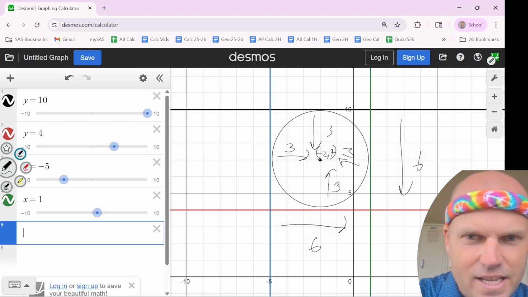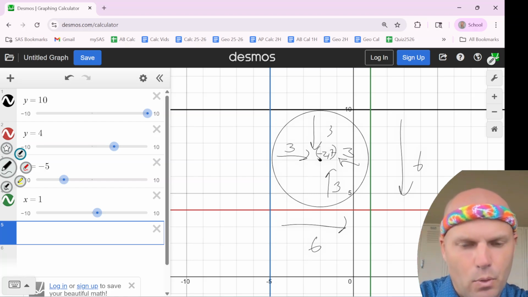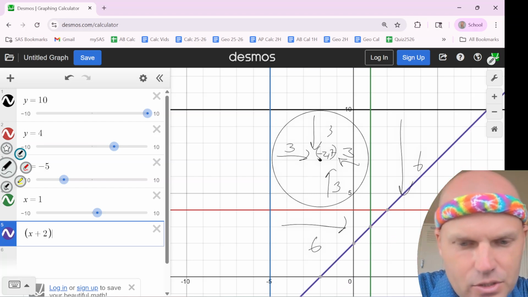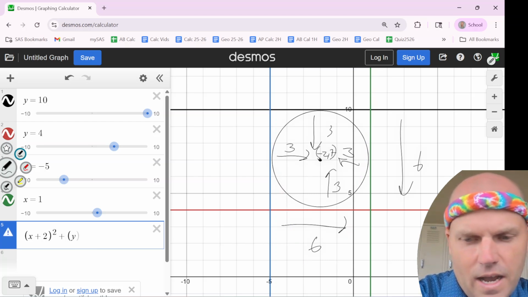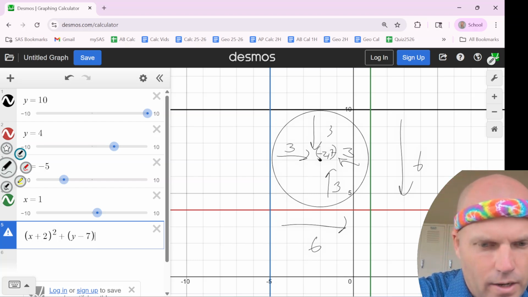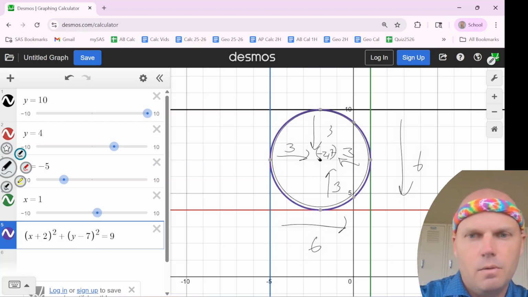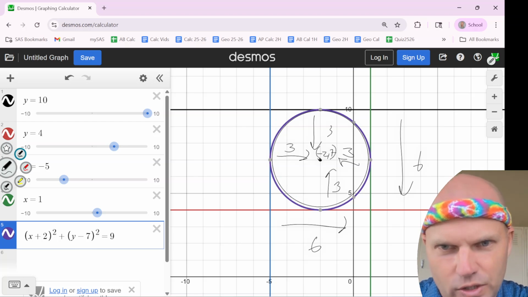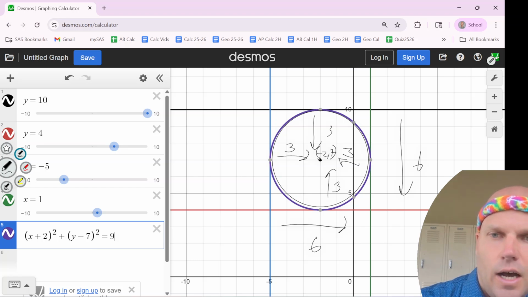The radius has to be 3 to get to this middle point. So (x + 2)² + (y − 7)² = 3². Booyah, there's my circle that fits so nicely in these 4 tangent lines.